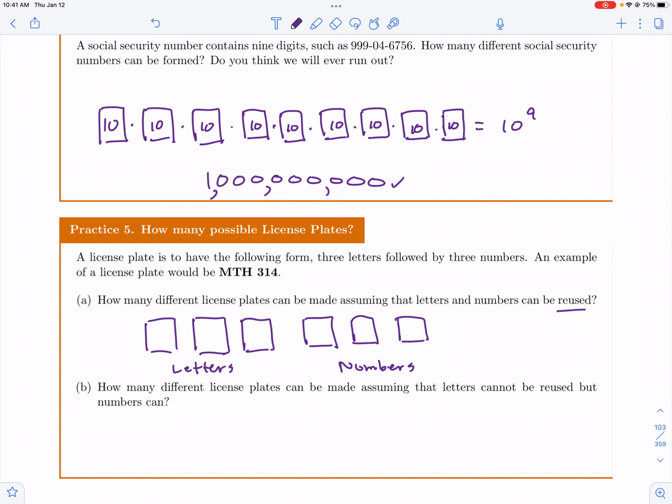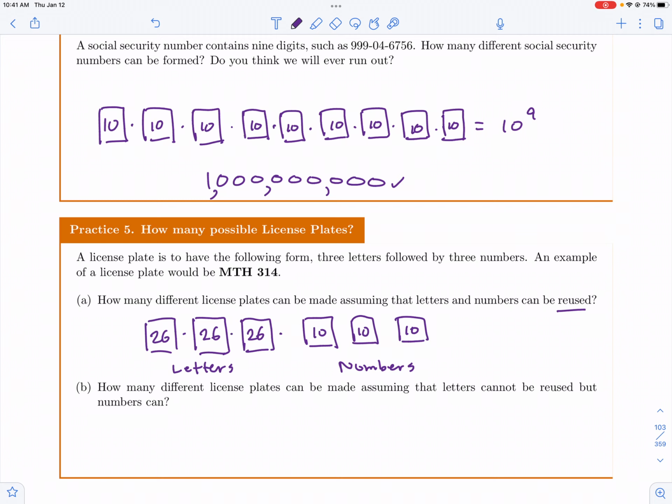Since there's 26 letters in the alphabet, I've got 26 possible choices for my first letter. And since I can reuse them, I've got 26 for our second, 26 for our third. Now we want to move on to our numbers. Again, I've got 10 choices for the first number, and since numbers can be reused, I've got 10 for that, 10 for that.